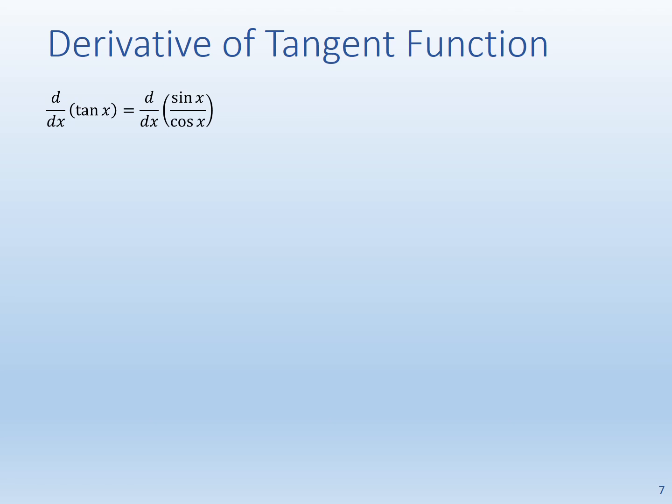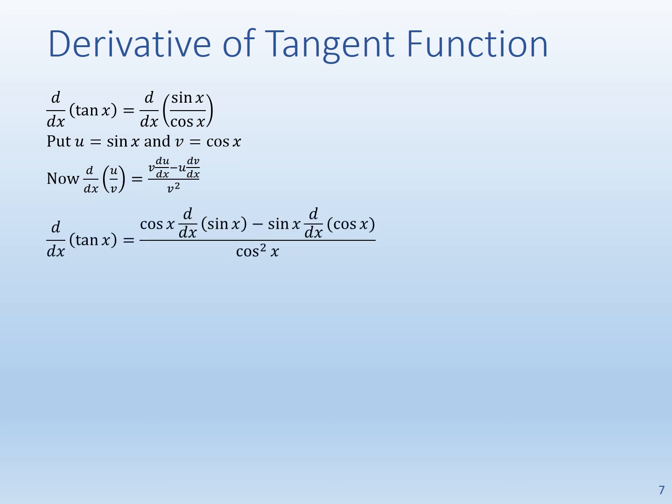In this example, we will use the quotient rule to differentiate tan of x. Now tan is the same as sine over cosine, and so we have a good candidate here for the quotient rule. We'll put u as sine x and v as cosine x so that we can apply the quotient rule here. So now all we've got to do is differentiate the u and the v, of course, and put all those values in.